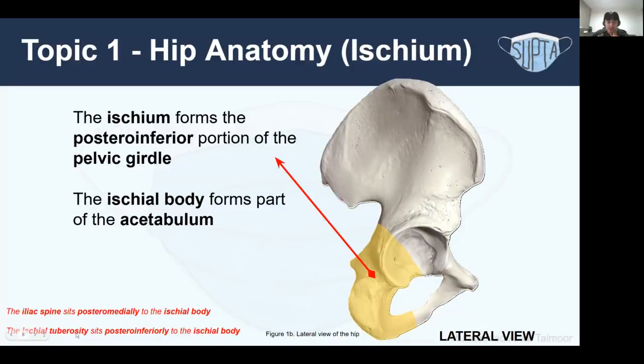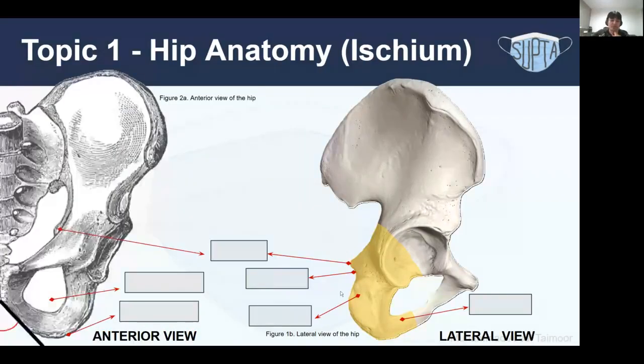And then the ischial tuberosity is more posterior inferior to the body itself, so that means more lower down. We'll see that in a moment. So here, like I was alluding to, it's postero and medial because it's pointing away, since this is the lateral view, to the ischial body, which is this portion right here.